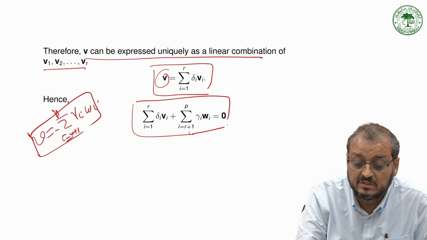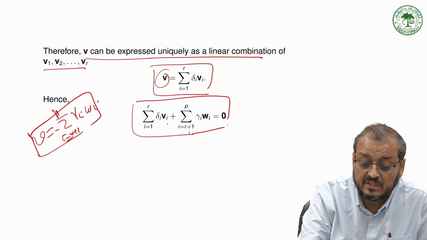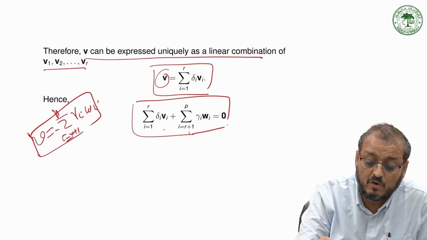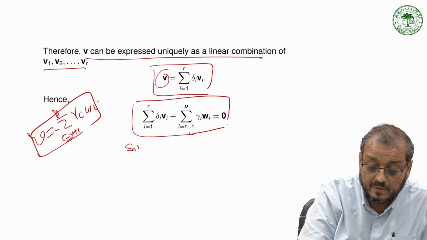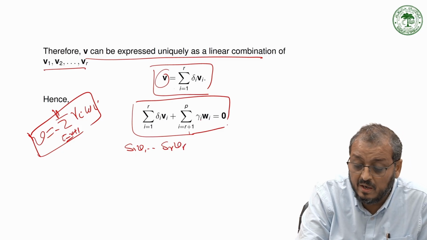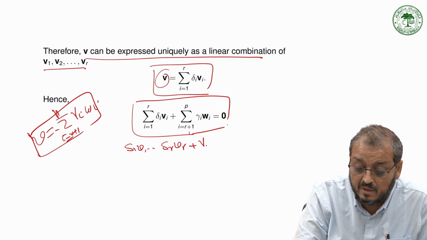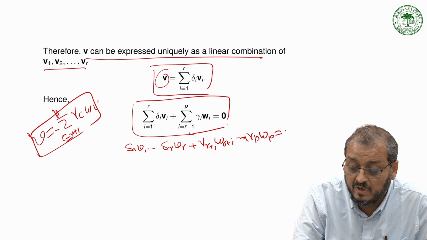Now if this is equal to the zero vector, then this is a linear combination: delta 1 v1 up to delta r vr, plus gamma r plus 1 w r plus 1, up to gamma p wp, is equal to 0.